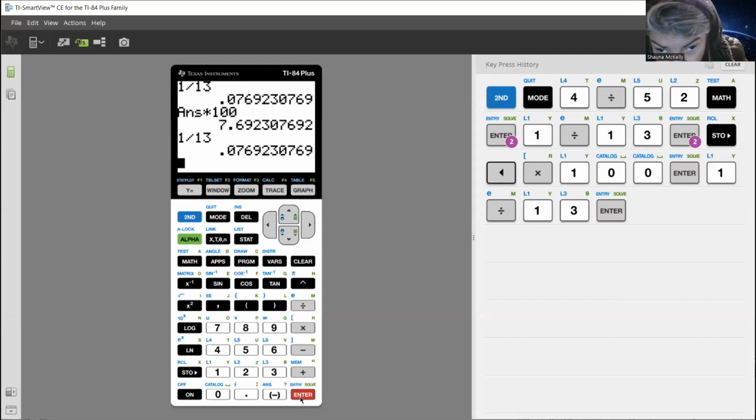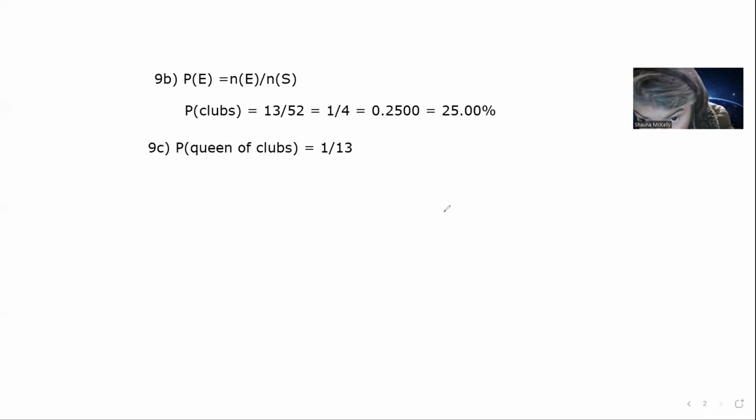But this is the same probability as a queen because it reduced, remember? So we have 0.0769. Let me annotate this.